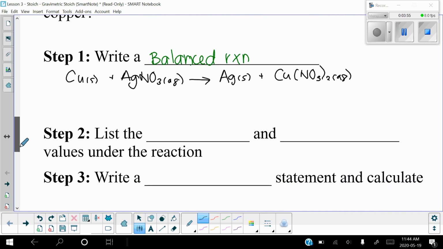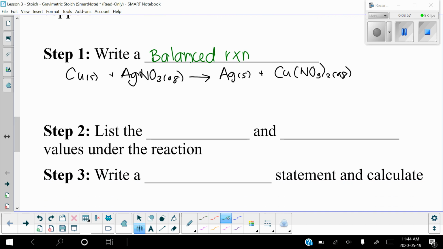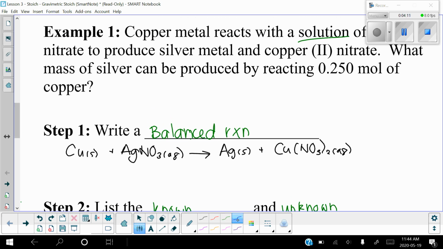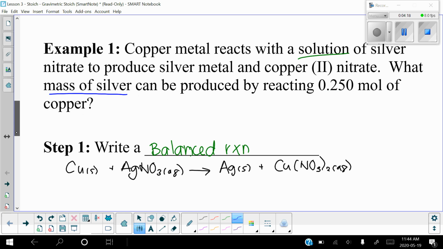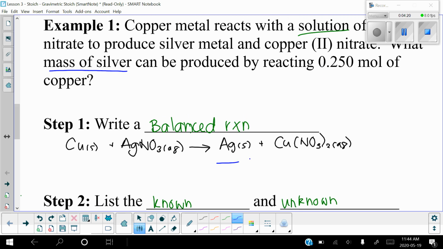Step 2 also may seem very familiar to you: you're going to list the known and the unknown values under the reaction. Let's go back up to our problem here. It says, what mass of silver, so we are looking for grams of silver, are produced by reacting 0.25 moles of copper.